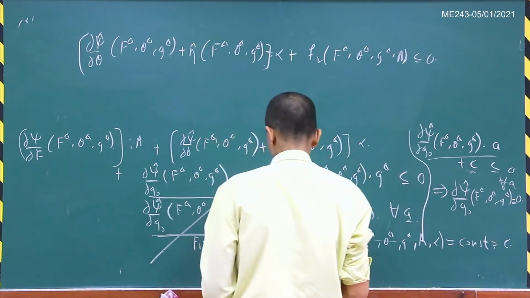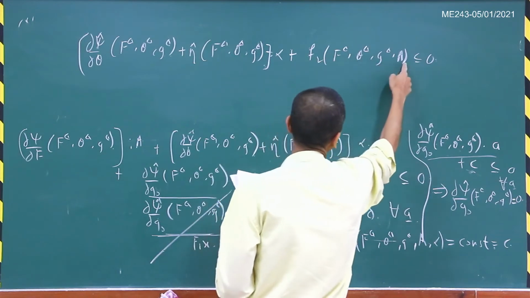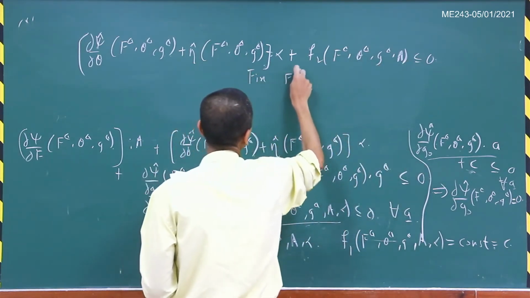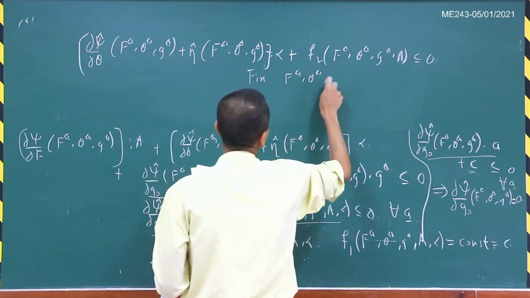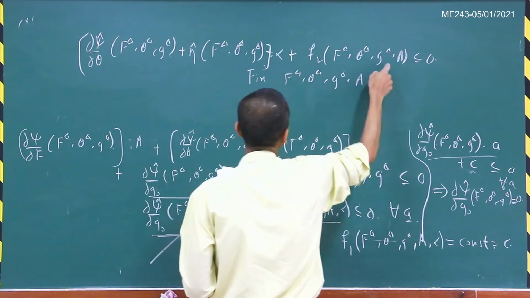should be less than or equal to 0 now. So here again now you fix f theta G and A. Okay, so fix f theta G A. Okay, and so this particular thing is a constant.